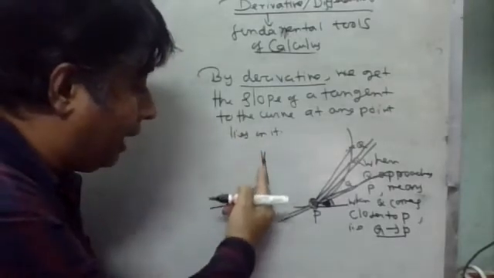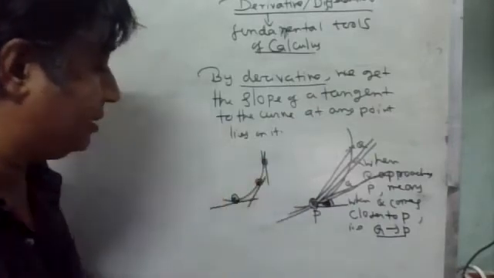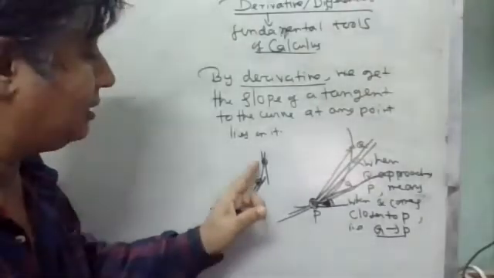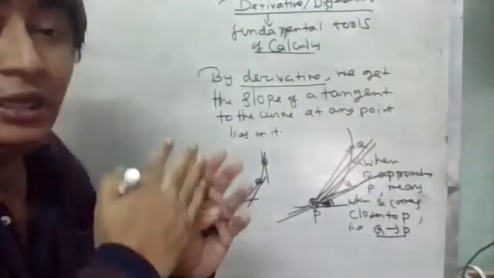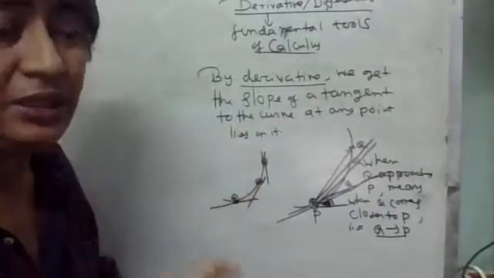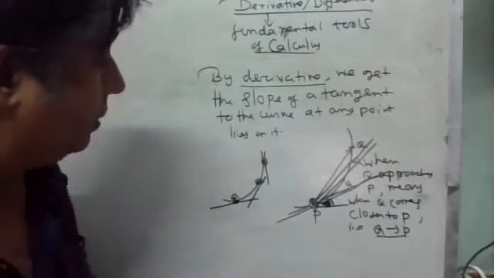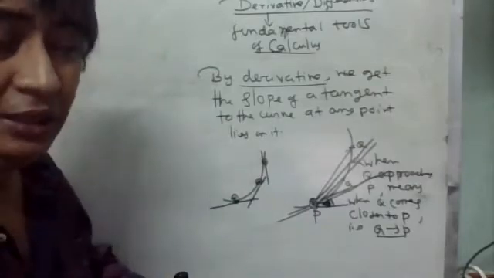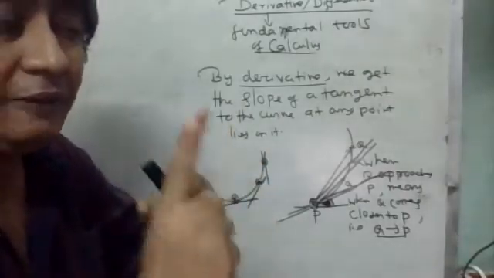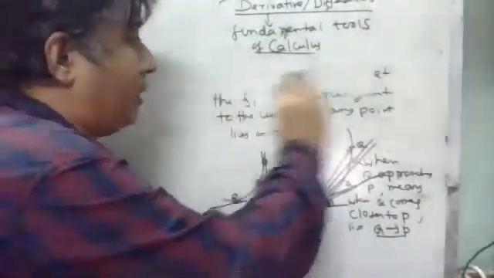Means the curve is differentiated at all those points. Points are differentiated, means separated from the curve. This is the concept of differentiation. Hope you understood. So differentiation actually separates the point from the curve. See, the dictionary meaning of differentiation is separation.